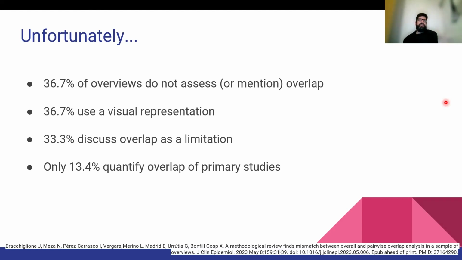A third discuss overlap as a limitation, and only 13% try to quantify overlap, and half of them use the CCA approach. So it's still not widely used, or authors of overviews are not quite considering overlap within their methods and their research.